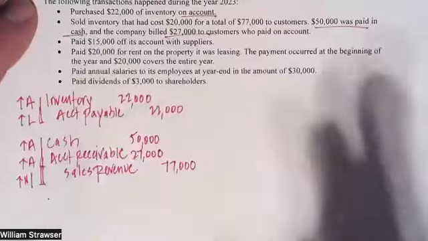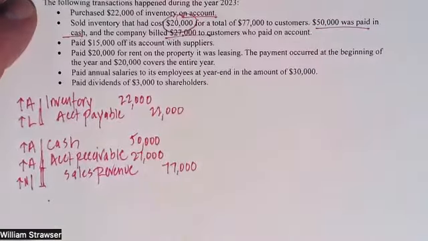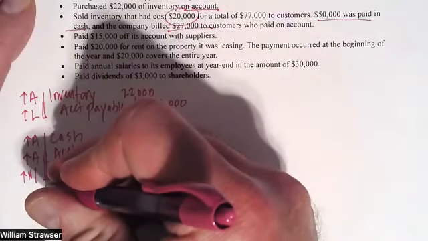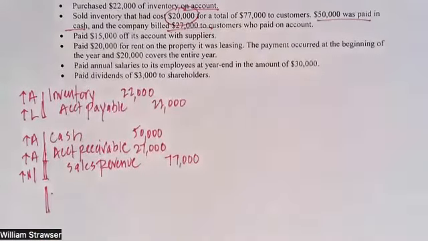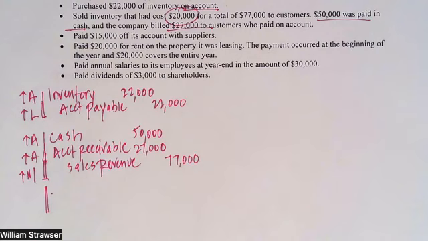All right. Now, the other part of this transaction, what do I do with this $20,000? It cost me $20,000. This is where you might have said, well, yeah, I got cash and the ability to collect some cash, but I had to give up inventory. So where does that fit in? You're absolutely right. I had to give up inventory.